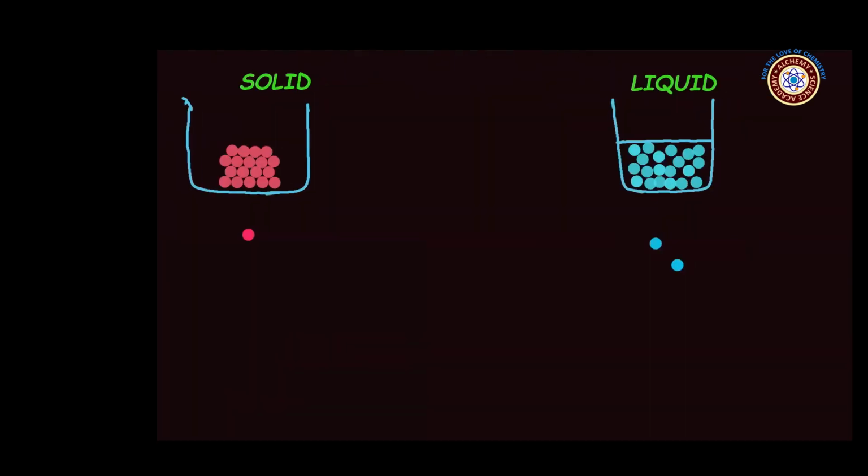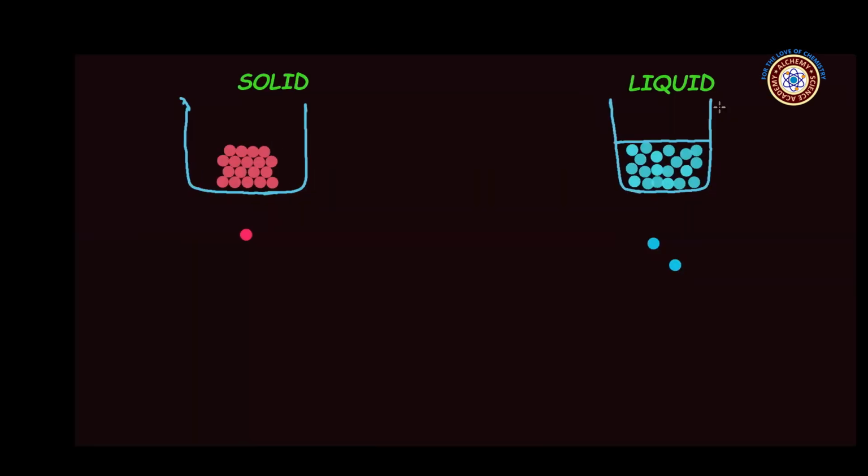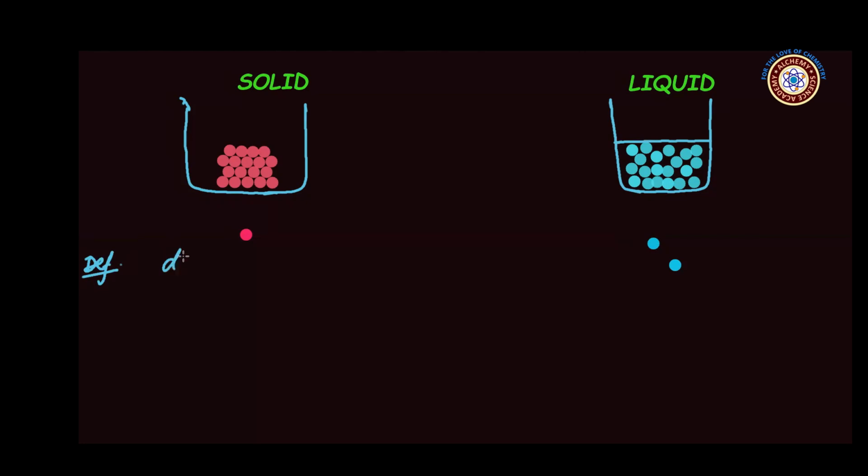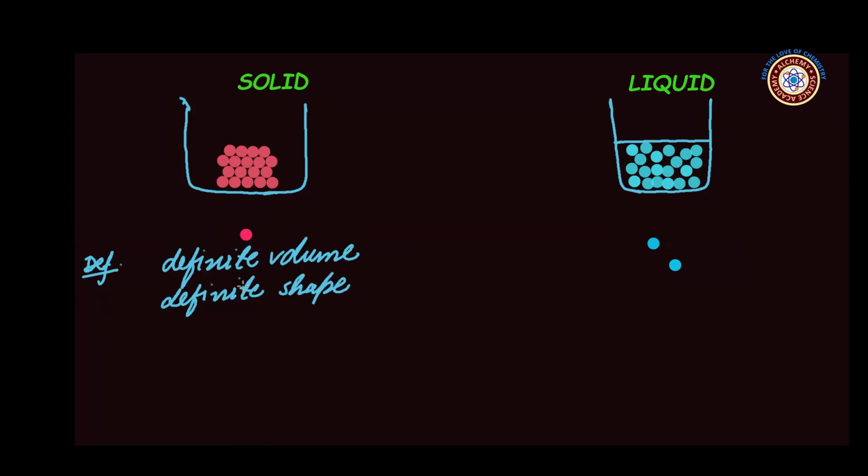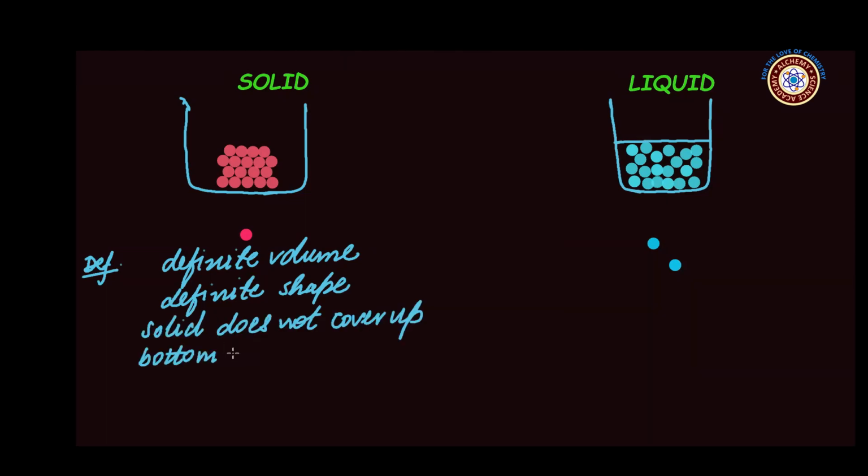Now let us first define the solid state of matter. Solid state is the state of matter which has definite volume as well as definite shape. It is hard to change the shape of solids, and solids do not cover the bottom of the container in which they are kept.